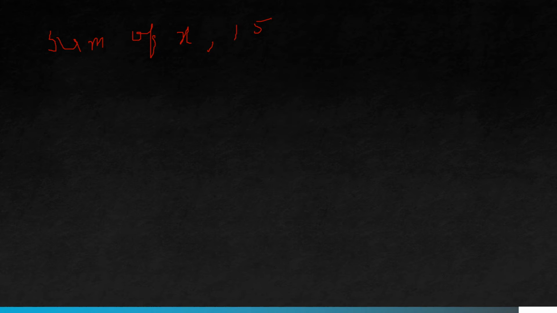So how will you write the algebraic expression for this? Sum of means we want to add, and what we want to add is x and 15. So we write x plus 15. So this is your algebraic expression. I have said some words and, using the symbols, you have written the expression.